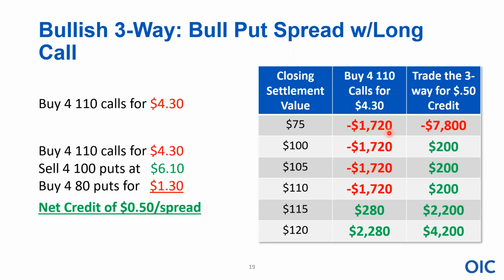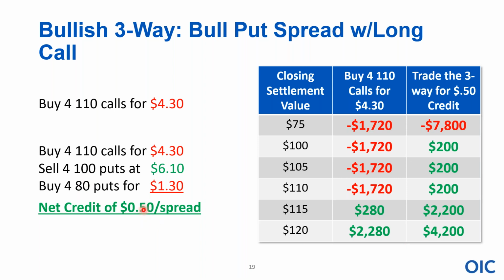You buy the calls, you're risking what you paid up front. When you do this three-way, you are virtually risking the difference, or the spread, between your put strikes. That's assuming your net cost is around 0. Your risk is going to be the difference here. In this case, it's significant. It's a 20-point difference, so we're risking 20 points.